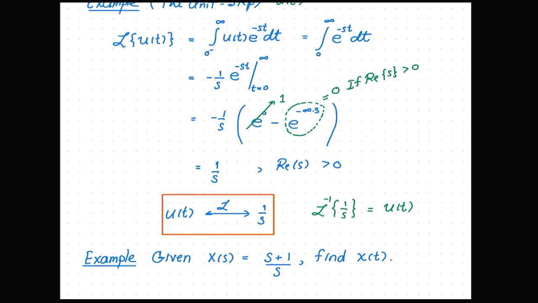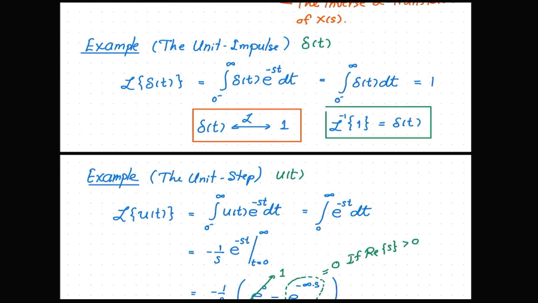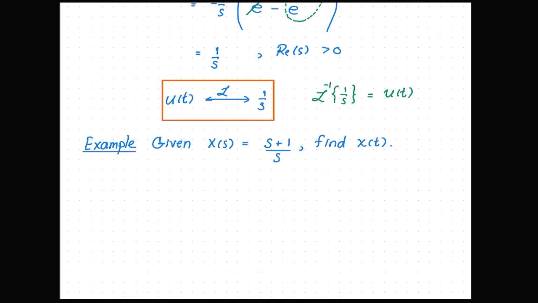We know 1 over s: the inverse Laplace transform of 1 over s is u(t). We also know that the inverse Laplace transform of 1 is delta. So the question is, can you rearrange this function so that it appears as 1 over s and 1? Can you do that? Of course we can.